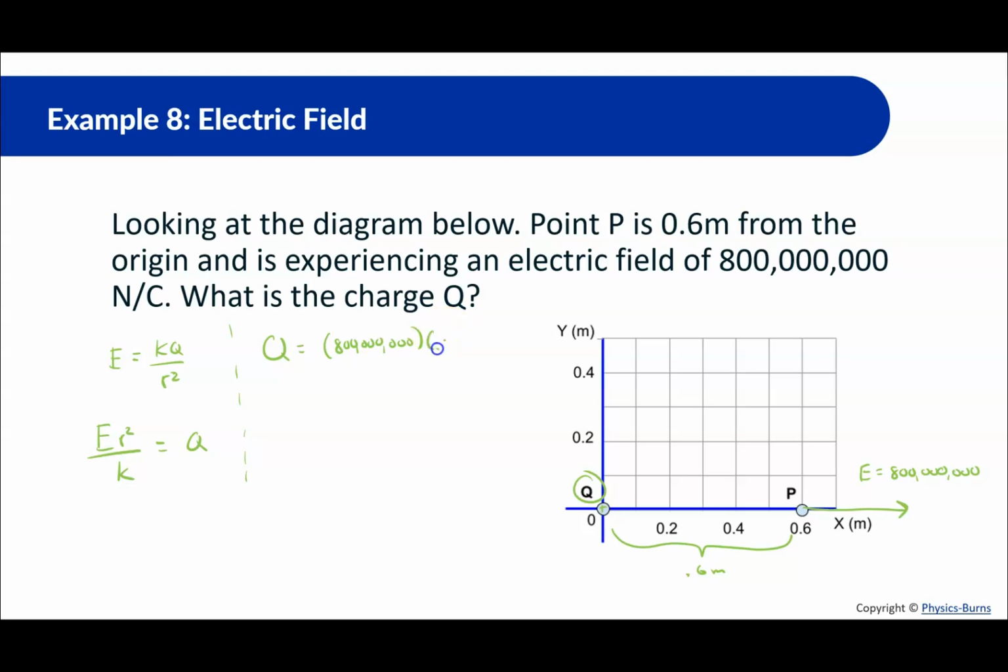R is equal to 0.6 squared, divided by K, which is 9 times 10 to the 9th. And let's see what this is. 800 million times 0.6 squared divided by 9 times 10 to the power of 9. And we get 0.032 coulombs.